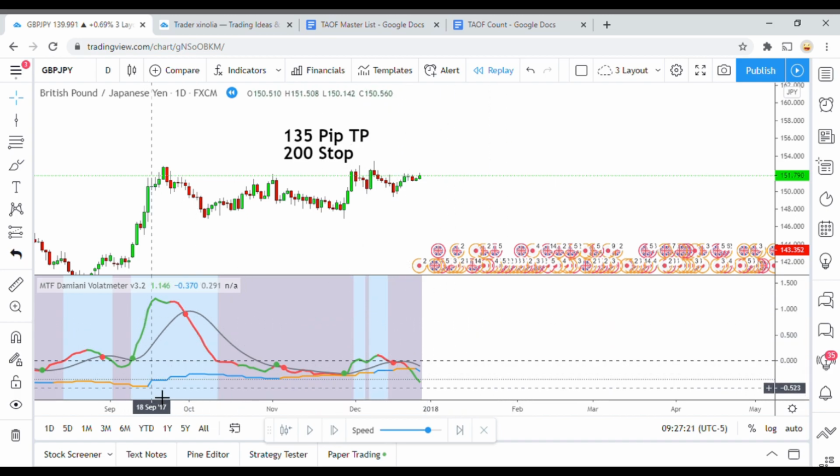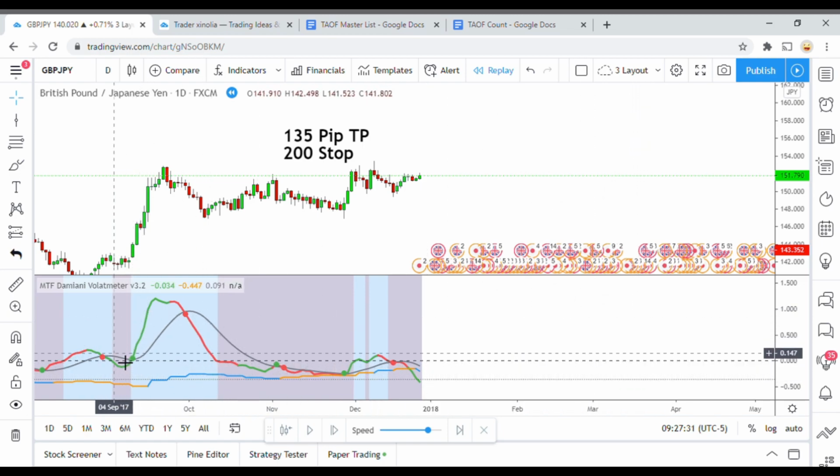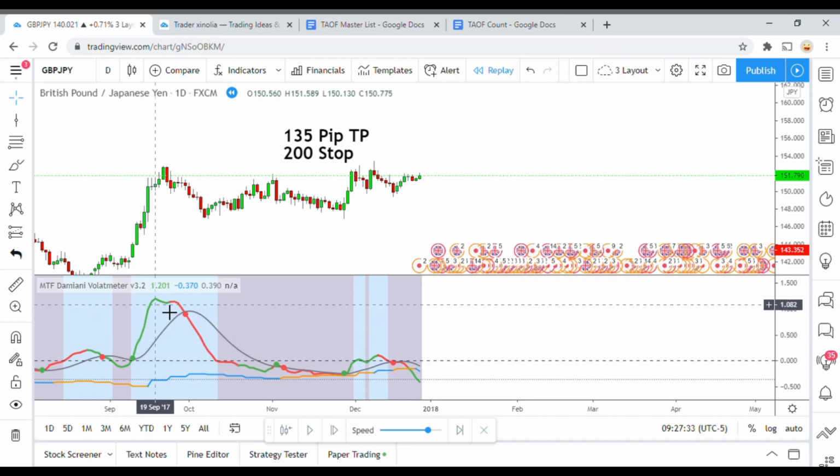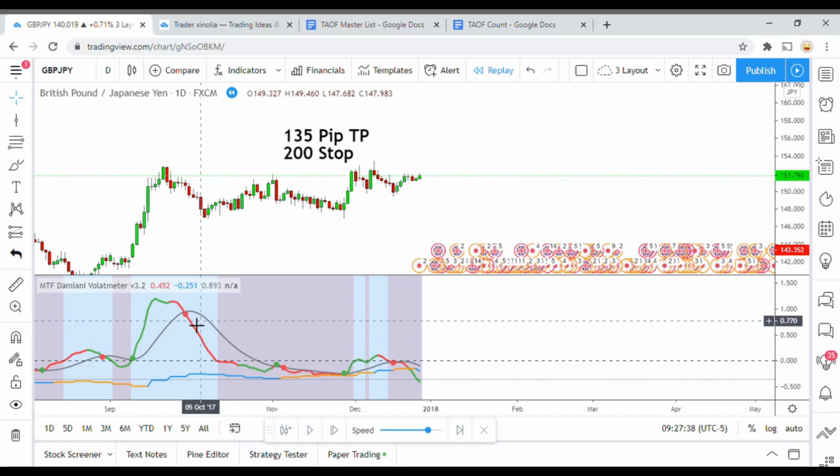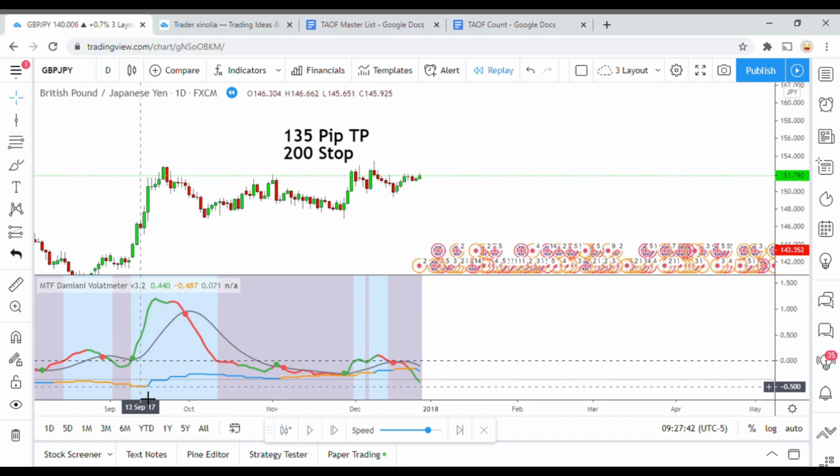So you have first and foremost a zero line, which is indicated by this black dashed line here. You have an oscillating line, which is this red and green line here. You have a trend direction kind of line, which is the blue and orange line right here.